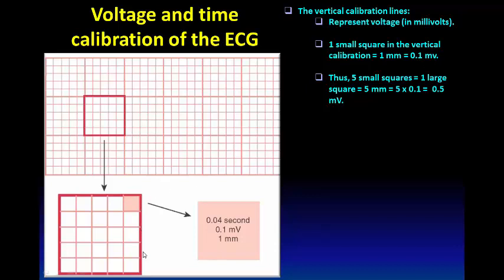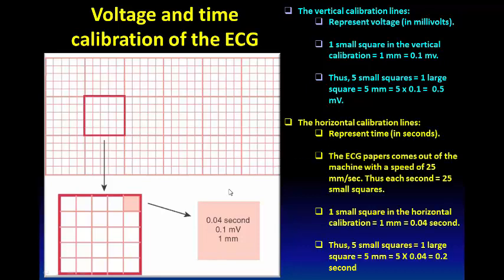Thus, 5 small squares in the vertical calibration, which are equivalent to 1 large square, are equivalent to 5 millimeters, and these are equivalent to 5 multiplied by 0.1, which equals 0.5 millivolts.